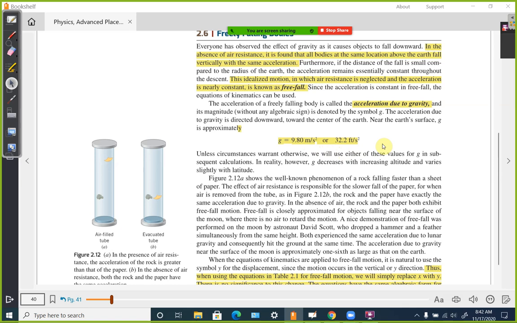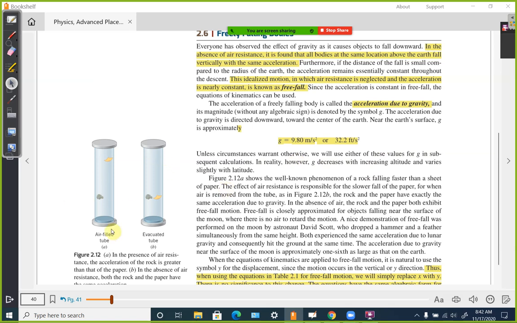Almost always, we will use 9.8 meters per second squared, and typically it will be negative, because things that fall always fall back to Earth because of gravitational pull. That pull is pulling it down, and down by convention is negative in the y direction, so it's usually negative 9.8. All right, that's acceleration due to gravity.